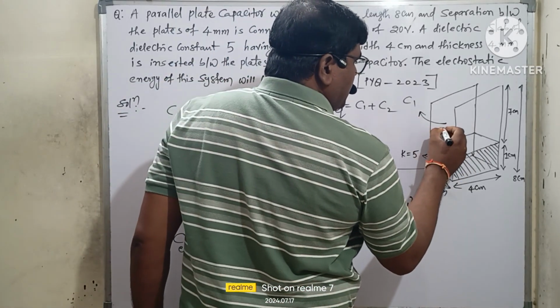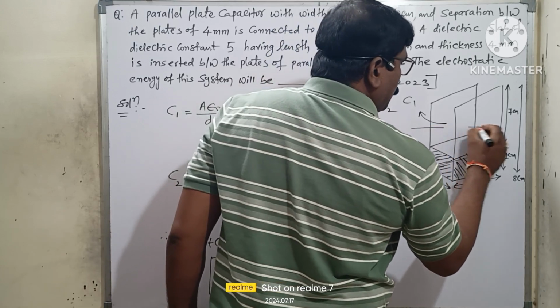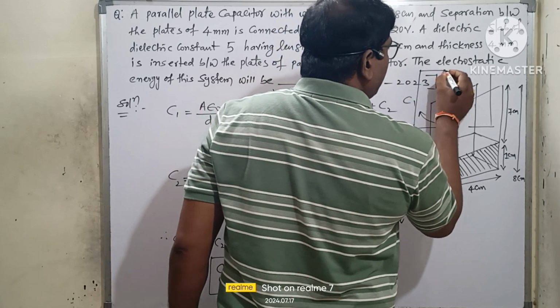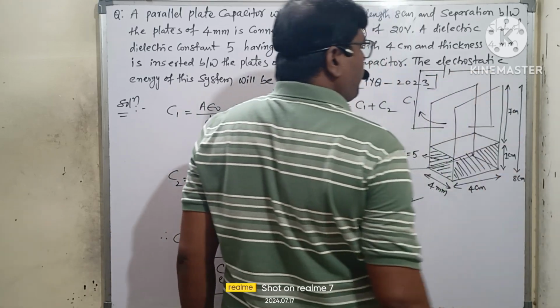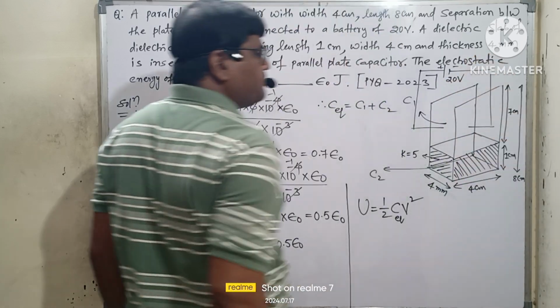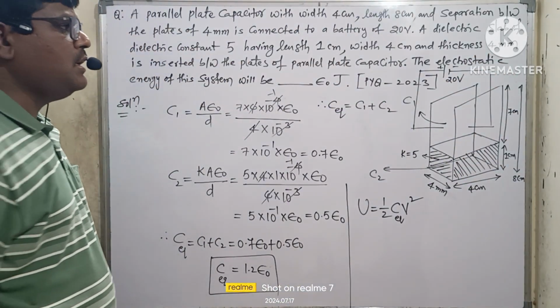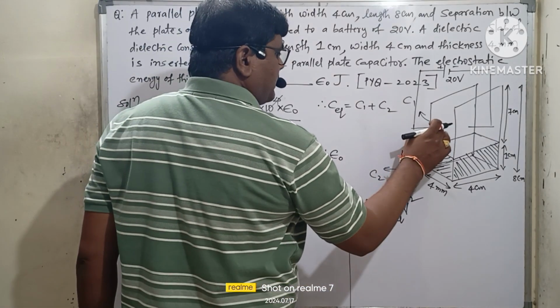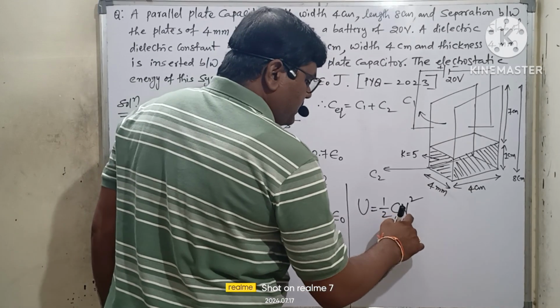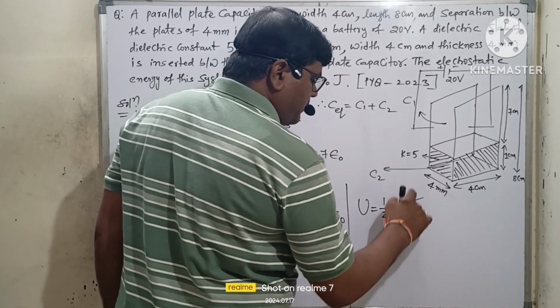This is one plate, this is the other plate, and this is connected to a battery of 20 volts. Now you can write the formula: 1 by 2 C equivalent V square.